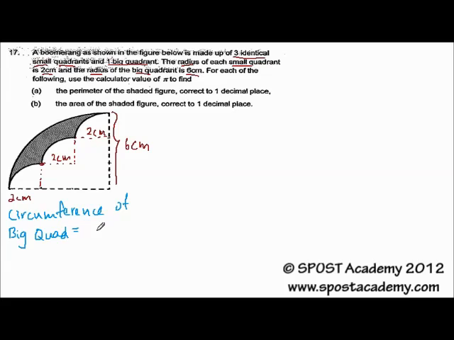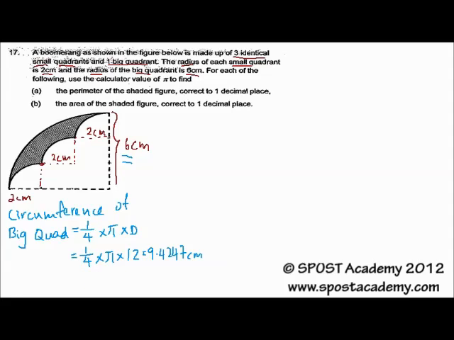Since it's a quadrant, it's 1/4 times pi times diameter. Pi times diameter is the formula for finding circumference. And the diameter, so 1/4 times pi times the diameter, which will be 12, because 6 is the radius. So in order to find the diameter, we need to times 2. And that will give us 9.4247.